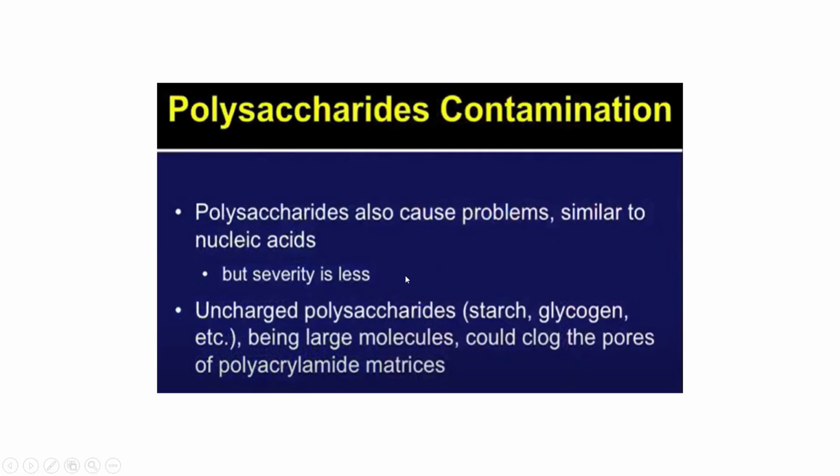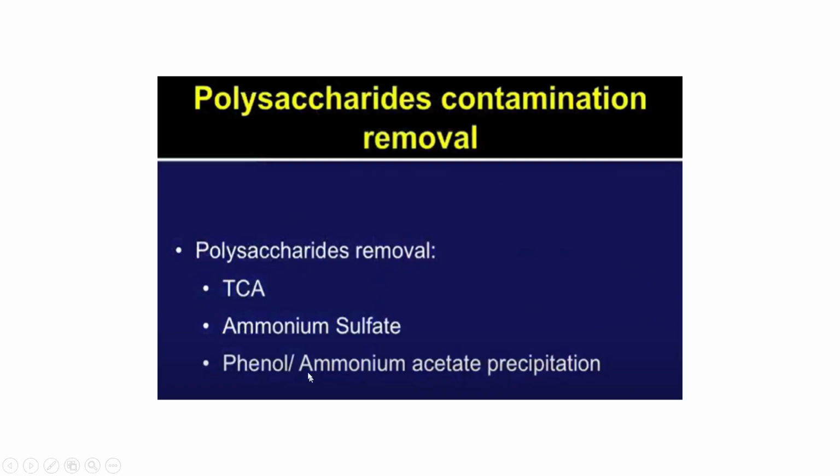If there is any presence of polysaccharides, which is possible depending upon the type of sample you are dealing with, those can be removed using ammonium sulfate precipitation, phenol ammonium acetate precipitation, or TCA precipitation.